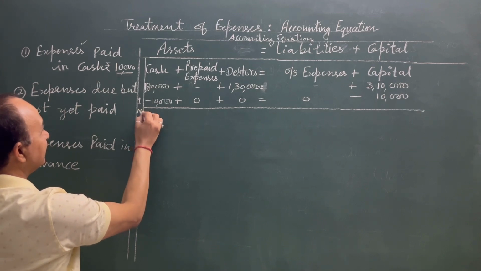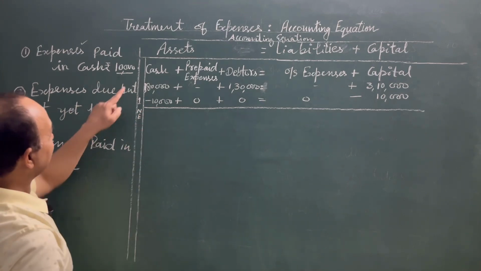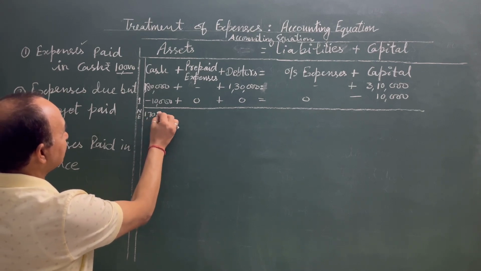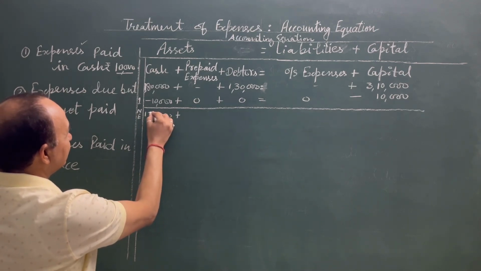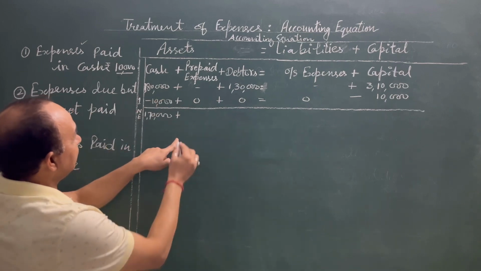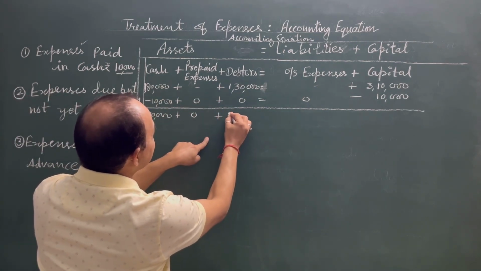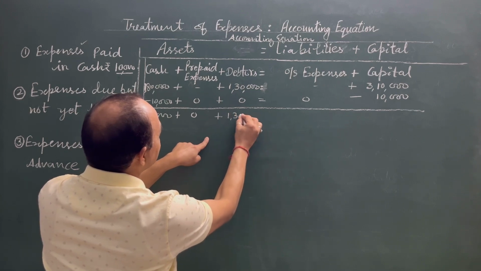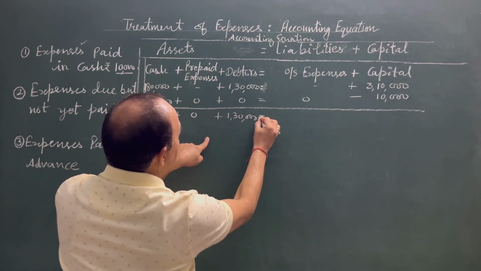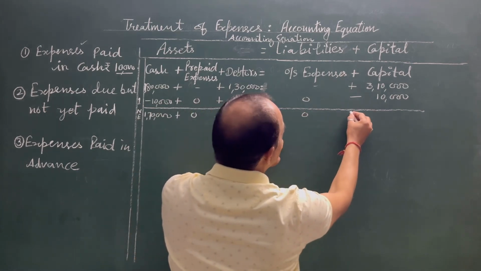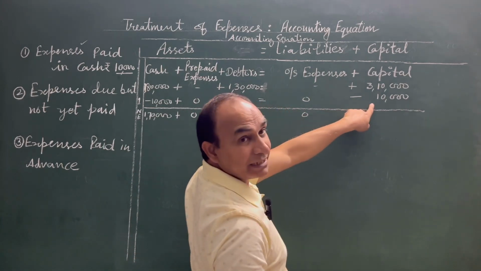You will write here the new equation: cash 1,80,000 minus 10,000, 1,70,000. Then prepaid expenses nil, debtors remain unchanged, 1,30,000. Outstanding expenses no effect, nil, and capital reduced by 10,000.